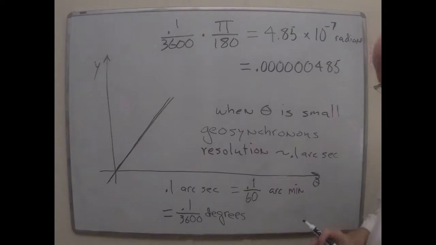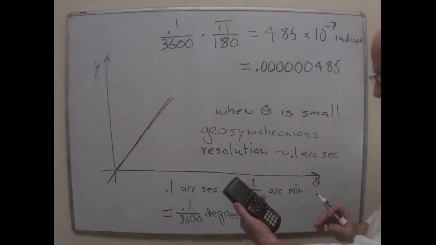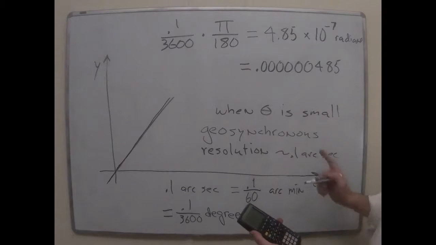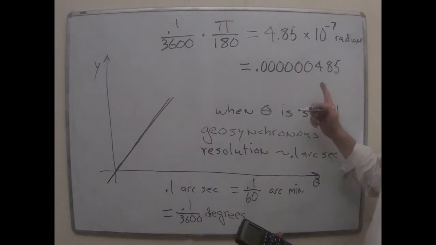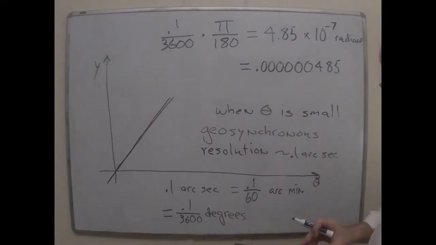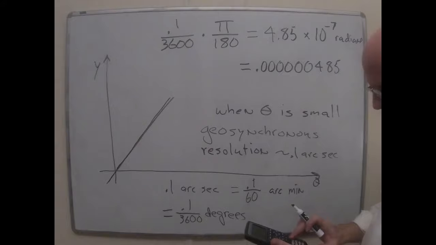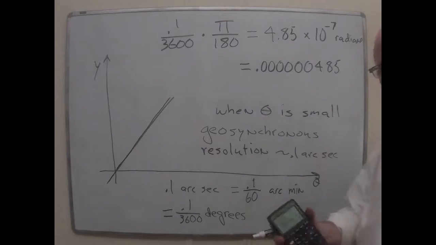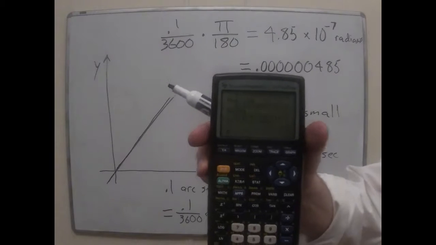I guess what I'd like to do is take this number that's in my calculator already and calculate the sine of it and see how different it is from that number itself. So I'm going to take the sine of the previous answer, minus the actual answer. And my calculator says it's 0.